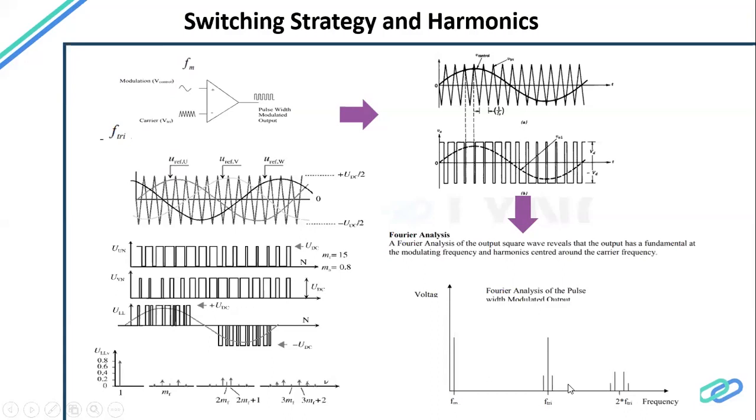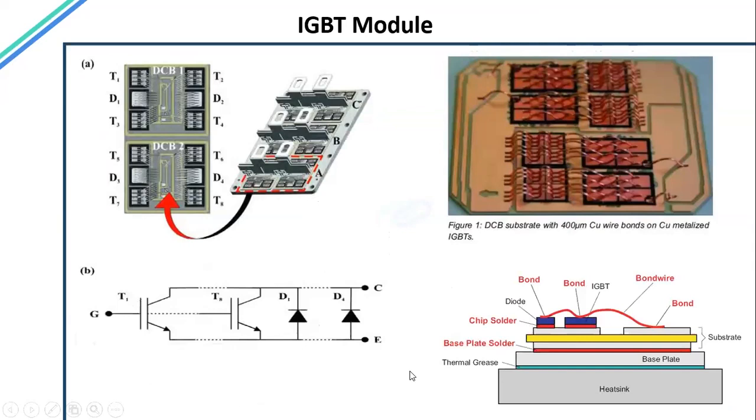We have to see if those are eliminated, or not seen by the machine, or filtered when they enter. A machine may also filter because it's a big inductance, right? So it may filter some of the harmonics. So again, it's a study together. Also, we have to make sure there are no low order harmonics, which are again detrimental in nature. Those we also have to see when we do an FFT on the output of the inverter, or on the strategy that we have implemented for the switching.